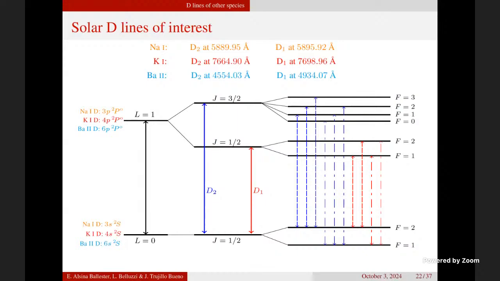So we could expect this key mechanism to apply. Also note that while for the sodium D lines, the two are separated by about 6 angstroms, for potassium it's more like 34 angstroms, and for barium it's almost 380. This is because of different separations between the fine structure levels.